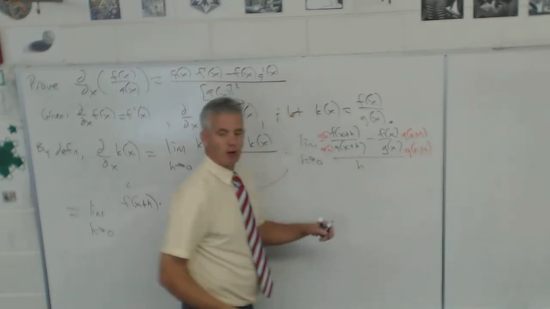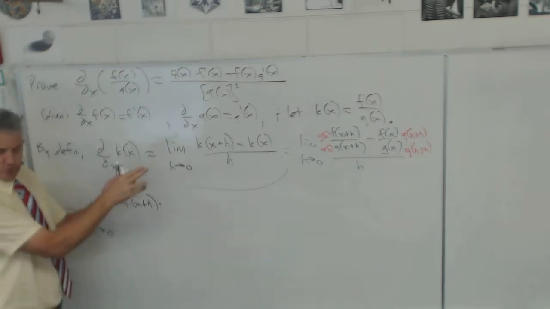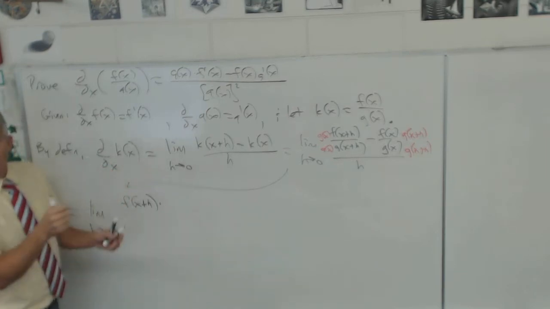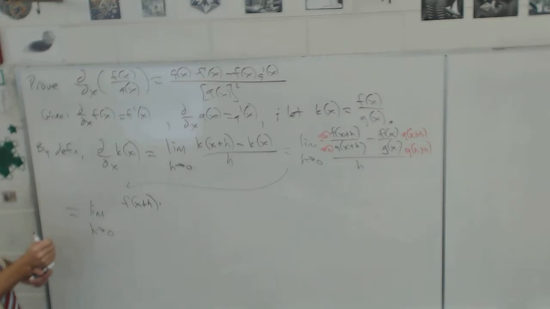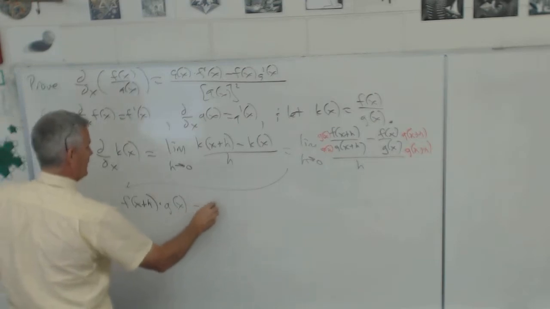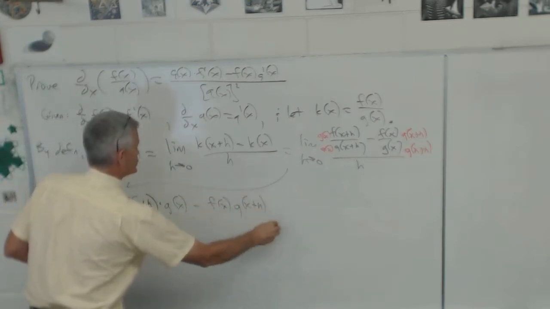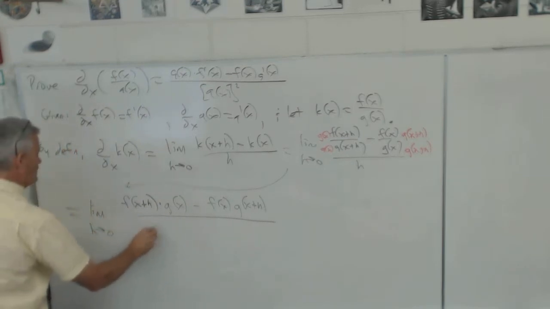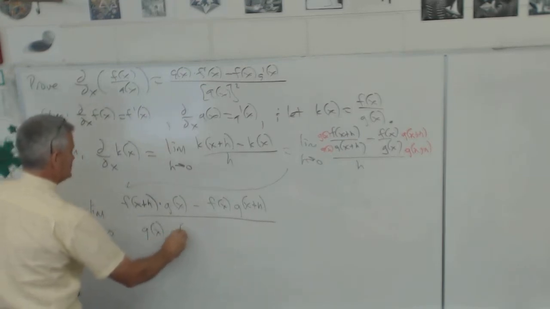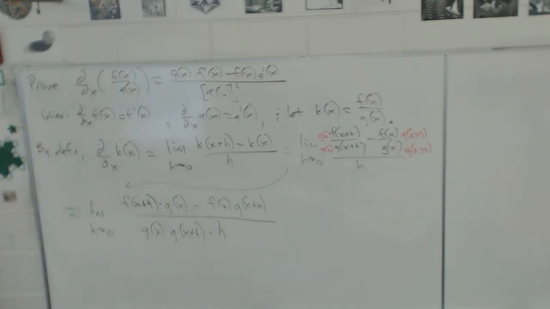So, Nick, we interrupted you because I felt you pausing a little bit, and we went with an approach that I know is going to work. Your approach might have worked too, okay? So we're just going to write that as f of x plus h g of x minus f of x g of x plus h all over g of x plus h and h.